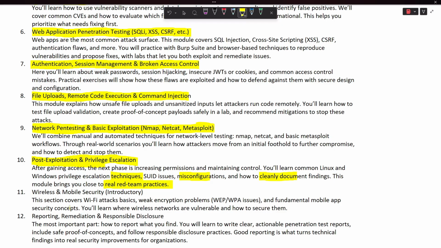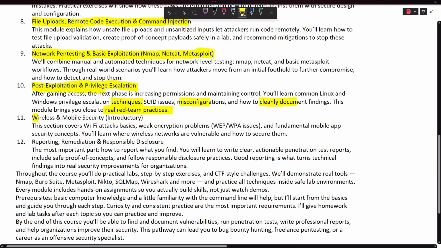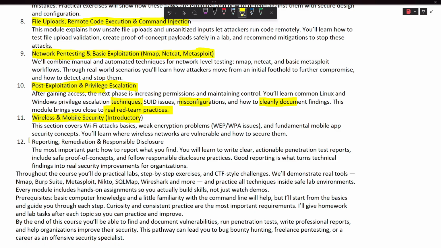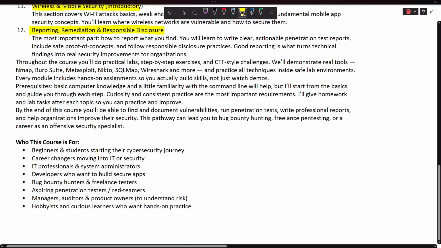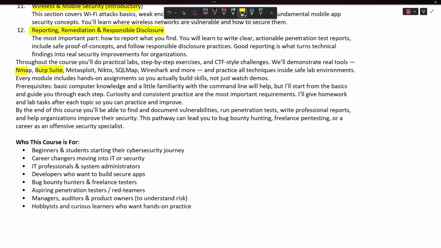Then we will be learning some, it will be a short touch toward wireless and mobile security, and at the end I will be teaching you about reporting, remediation, and responsible disclosure, how to create a report. Okay, throughout the course, it is basically a practical-based course, and you will be able to find so many labs in it.